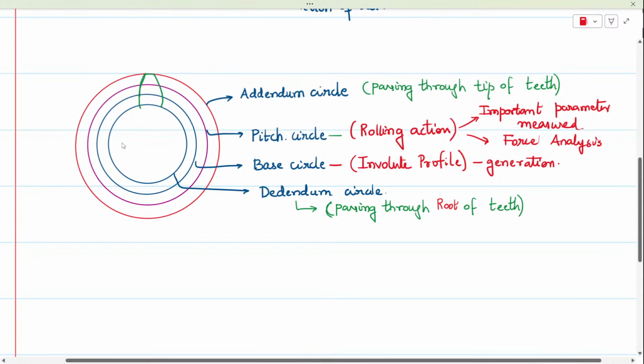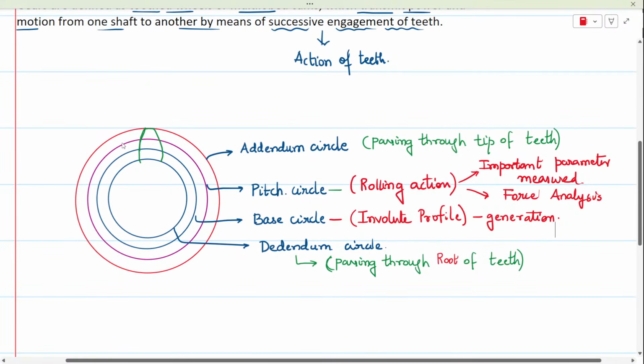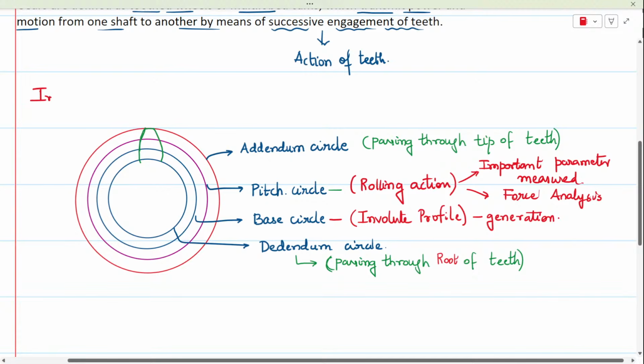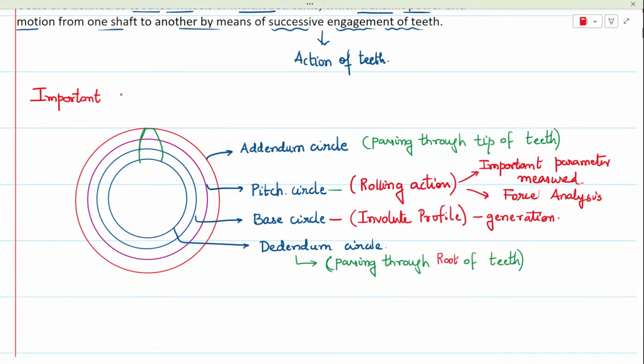Now, let's try to understand the other parameters associated with it. The heading would be important circles of a gear.